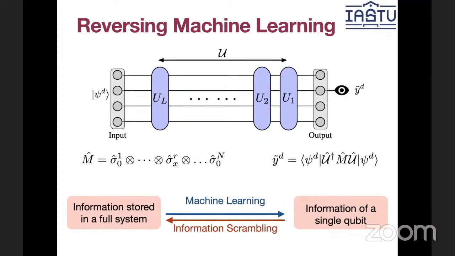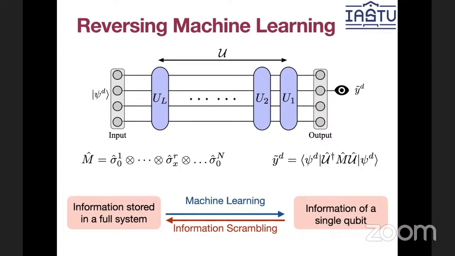Here is the measurement operator, where for the readout qubit it is the Pauli sigma x, and for the other qubits are all identity. So after the evolution of this quantum neural network, the wave function is U psi. And the Y tilde, the output of this quantum neural network after measurement, is the expectation of this operator.